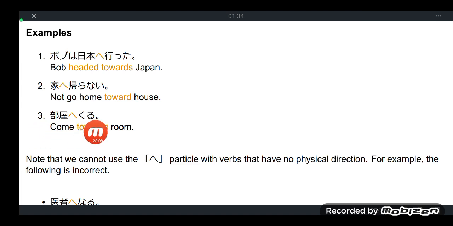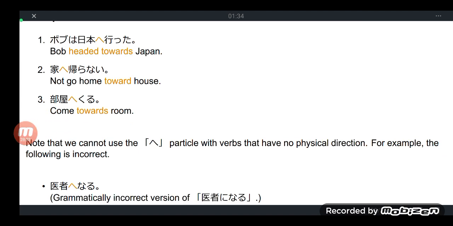When you use kuru, there's a high probability that most likely the heya, or room, is the final destination. So don't use e, because e is only used for the nuance of just setting out or just heading towards a certain direction. That's why it's called a directional particle.